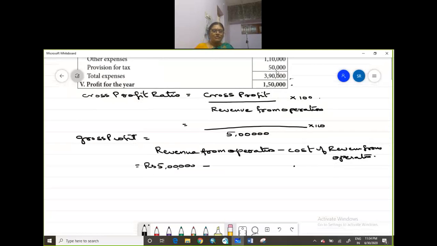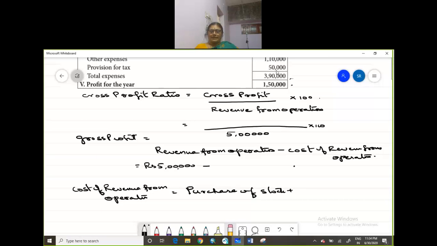Now let us go to the third step, cost of revenue from operation. So how do you calculate this? Purchase of stock plus change in inventories plus direct expense.